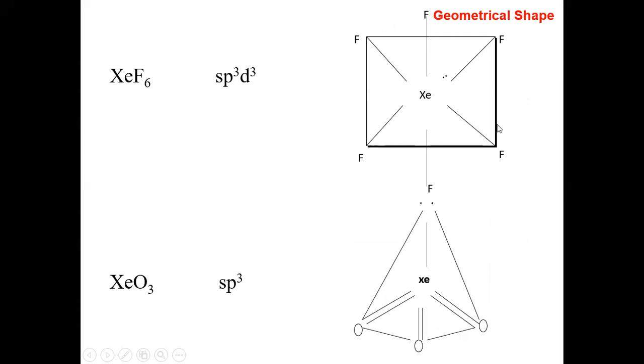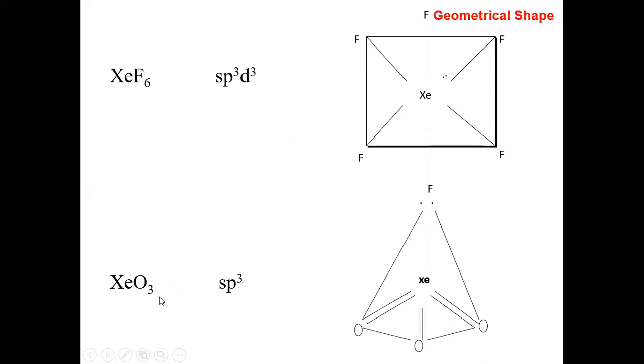For this hexafluoride, we can get a pentagonal structure. For xenon hexafluoride, sp3d3 is the hybridization. Pentagonal bipyramidal you can get, or the octahedral shape. Pentagonal bipyramidal or the octahedral shape we can draw.